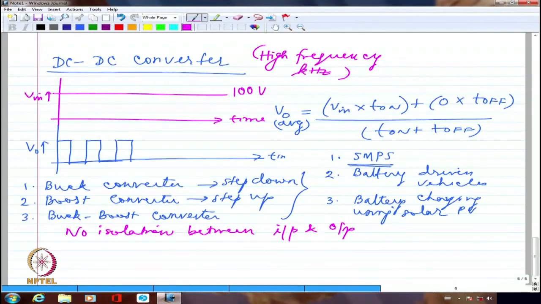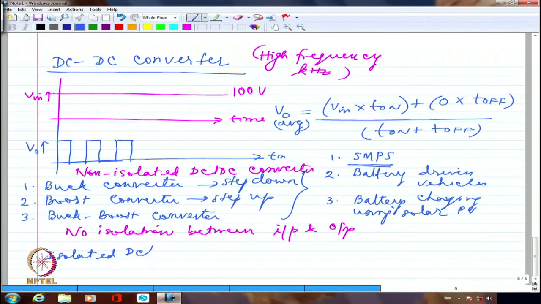So when I don't have a transformer, these are generally known as non-isolated DC-DC converters. These three are known as non-isolated DC to DC converters. Whereas we will also be looking at a few isolated DC to DC converters. As we proceed, I will tell you which isolated DC-DC converters we will be looking at.